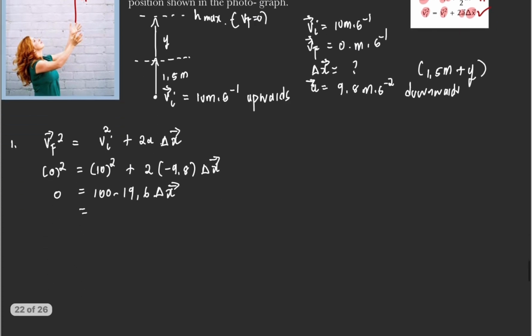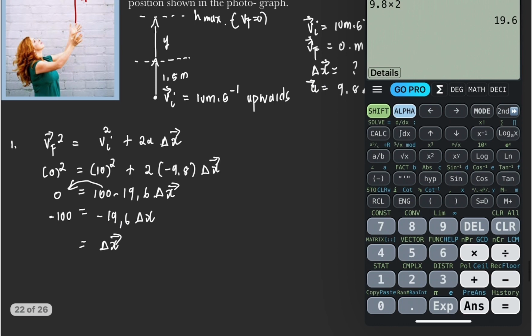And then you transpose your 100 to the other side, so it's going to be minus 100 equals negative 19.6 change in x. After that, you divide by minus 19.6 on both sides, and you are left with change in x equal to 100 divided by 19.6.